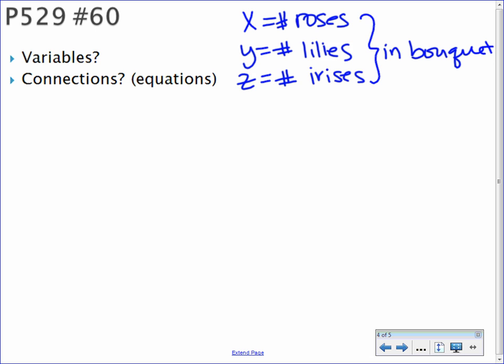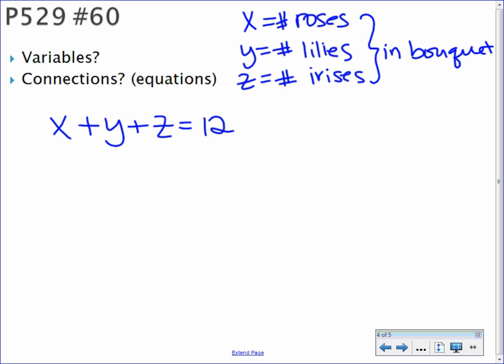Now these represent how many flowers are in a bouquet, right? So x plus y plus z would need to equal what? 12. If your x, y, z variables represented total number of roses, lilies, etc., then it would be x plus y plus z equals 120.